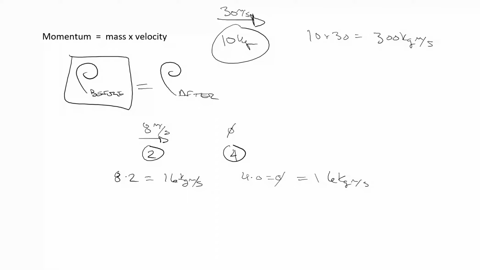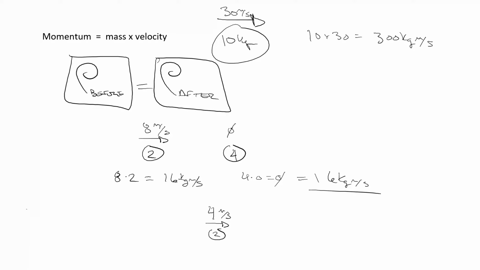So that means that my final momentum also has to be this 16 kilogram meters per second. So let's say afterwards, the second ball that had a mass of 2, after he collided with it, now he's only going at 4 meters per second.